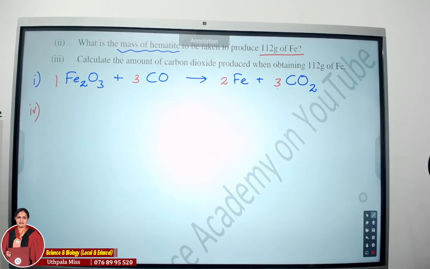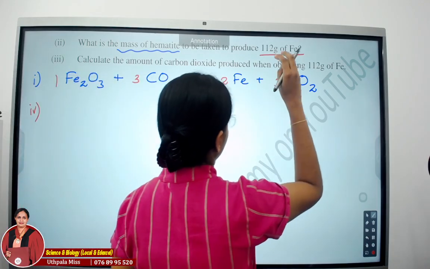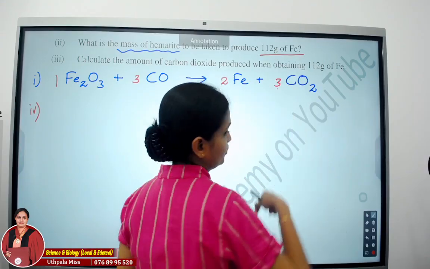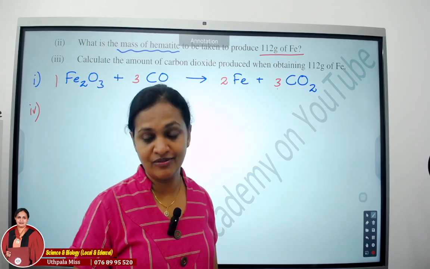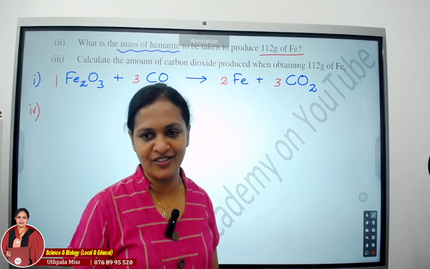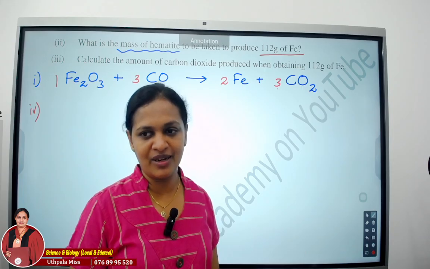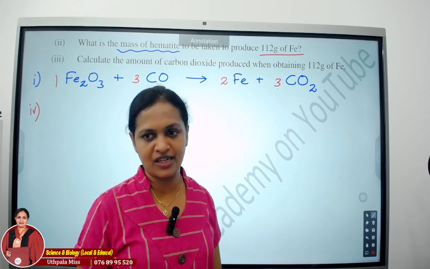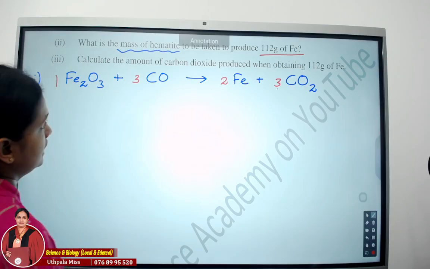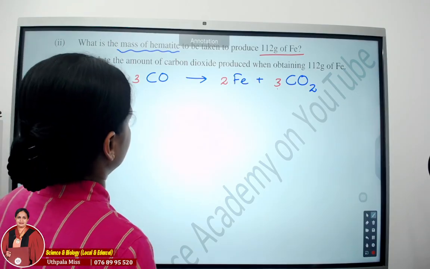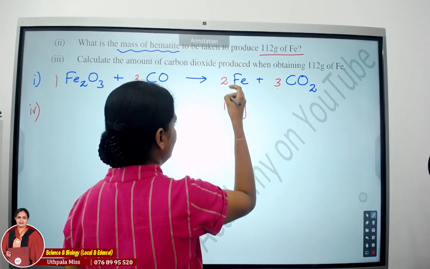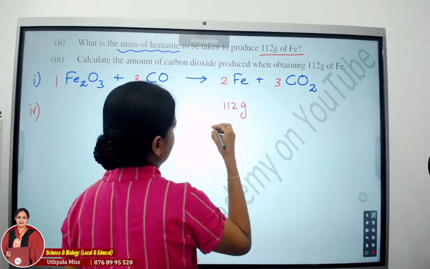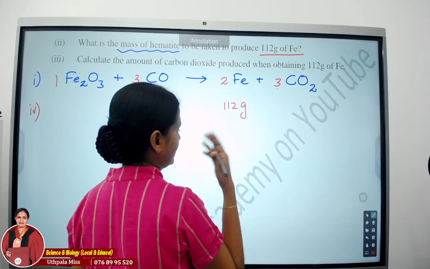Now look, the question asks: when obtaining 112 grams of iron, what is the mass of carbon dioxide produced? We already found that 112 grams of iron is 2 moles, so write that again.